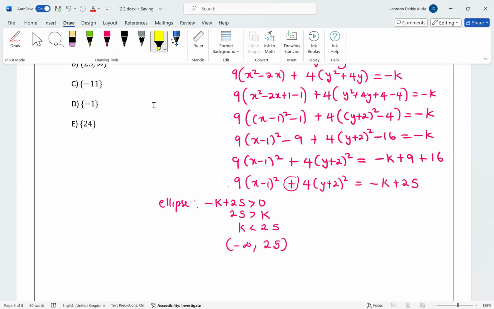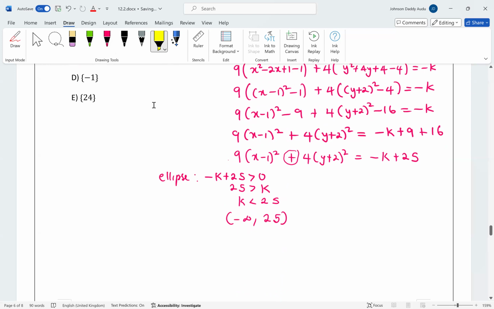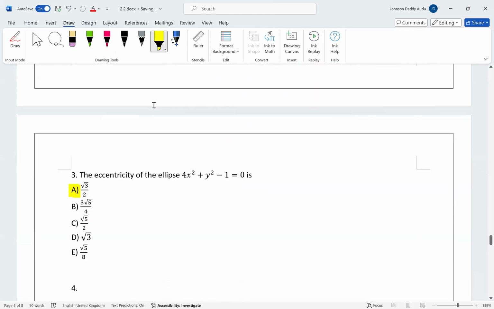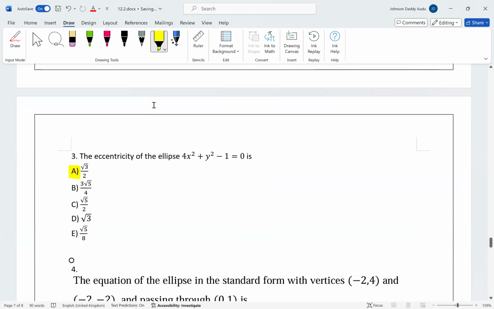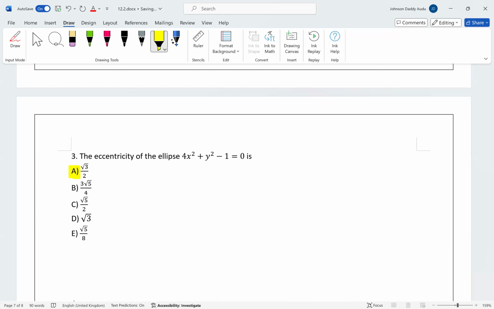Then next is number 3. It says the eccentricity of the ellipse. We have to write it as 4x squared plus y squared equals 1. Now what can we do?